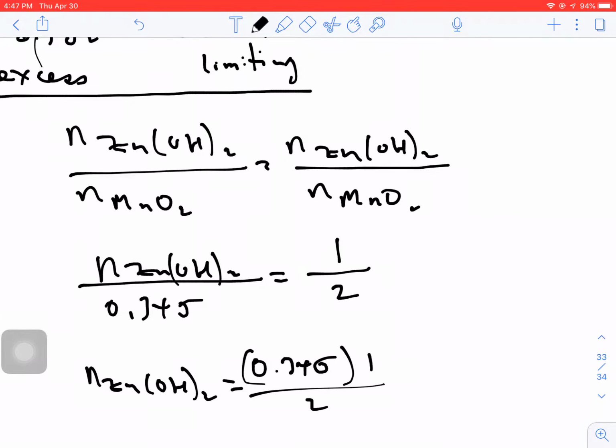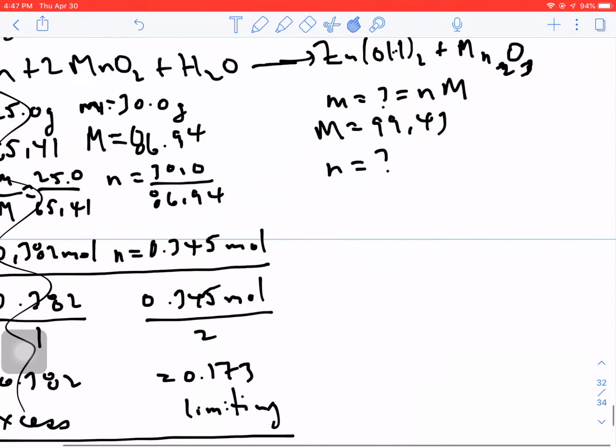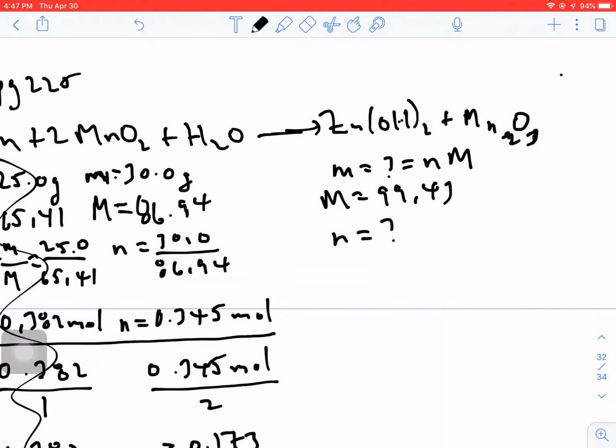So that's my number of moles of zinc hydroxide, 0.173 moles. Let's go back up here. So all the way back to the beginning, number of moles of zinc hydroxide, 0.173 moles.